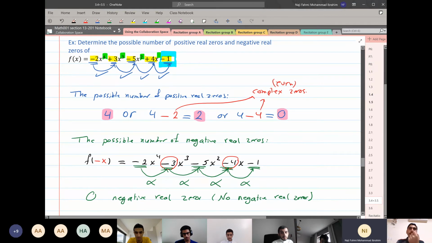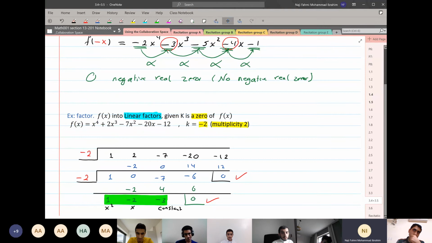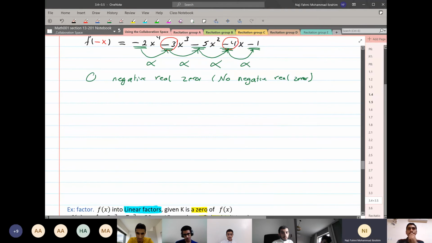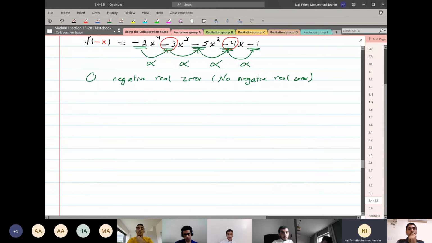What's the degree for this polynomial? 4. So the number of zeros is at most 4, and at least one. Any polynomial has at least one real zero.